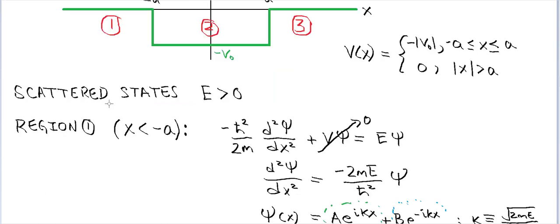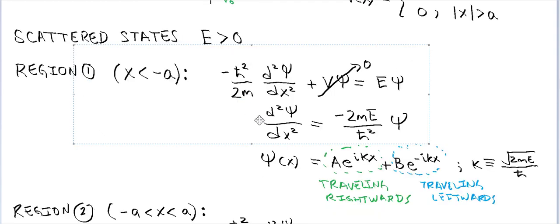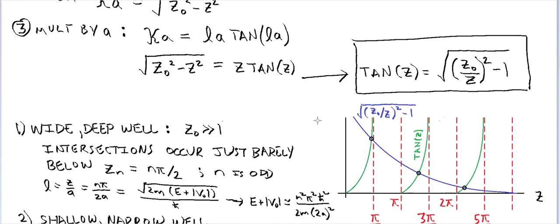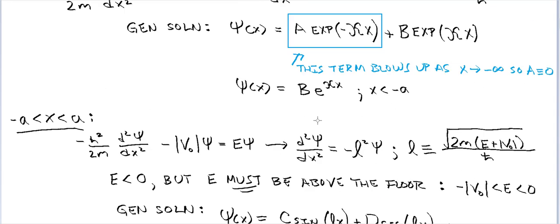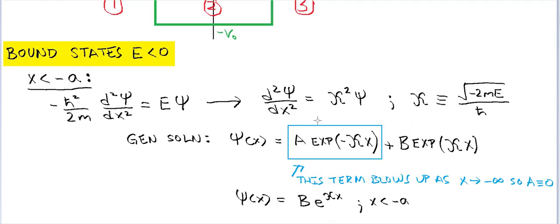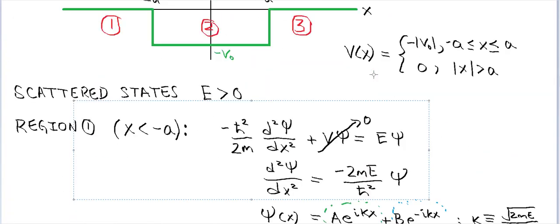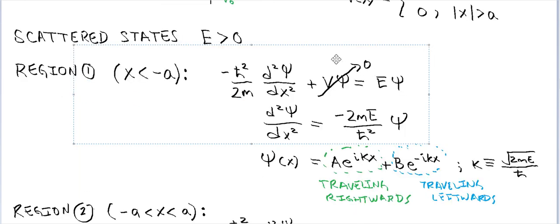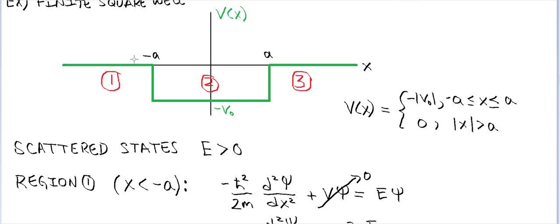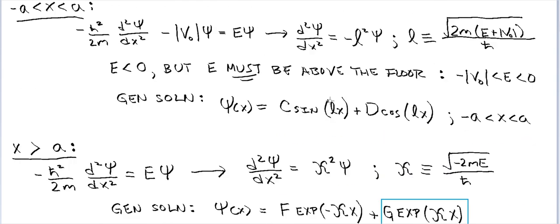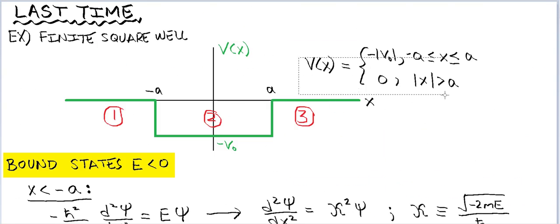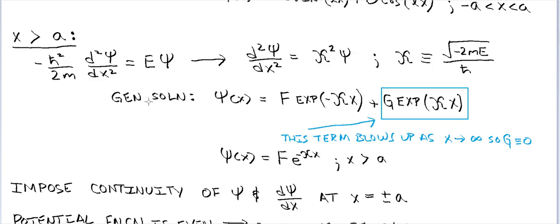So again, region 1, nothing has changed for the potential. In region 1, the potential is 0.